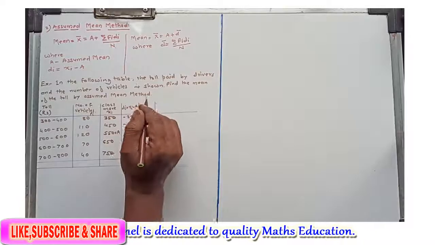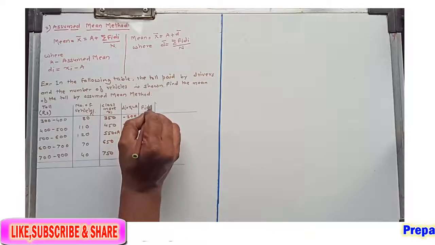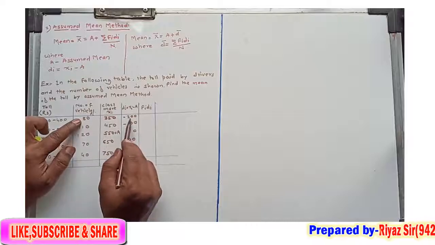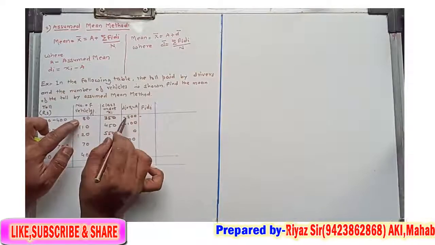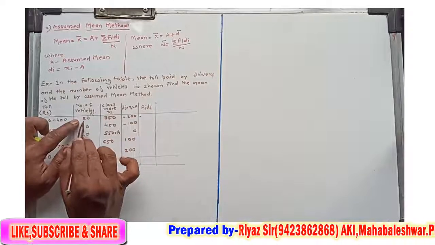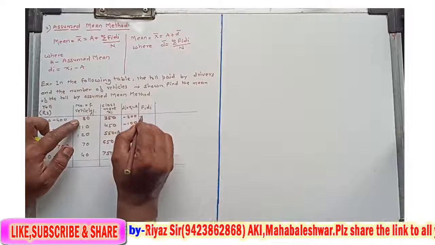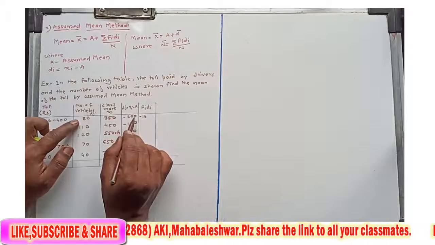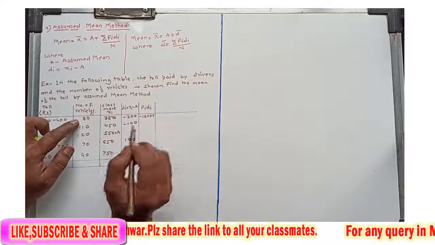Now find the value for fi into di. Here the fi value is 80, and here it is minus 200. So the minus sign will come, because this is plus, this is minus, so plus into minus is minus. Then 8 2s are 16. Now there is one zero here, there are two zeros in 200, so the total number of zeros is 3, so we add 3 zeros here.